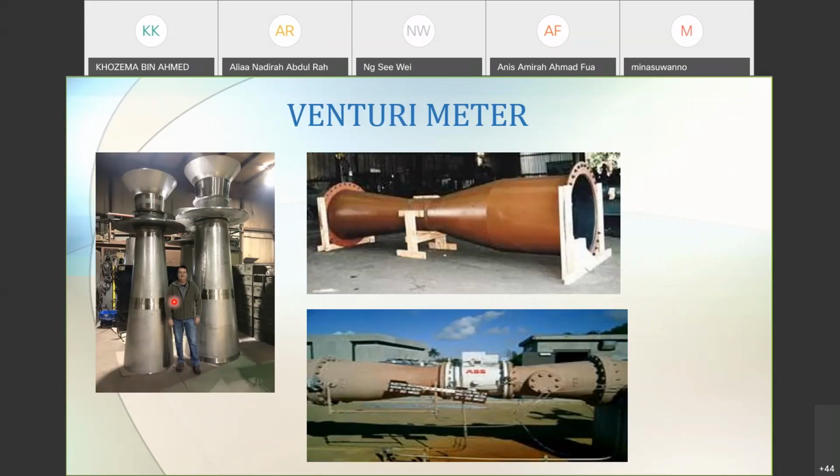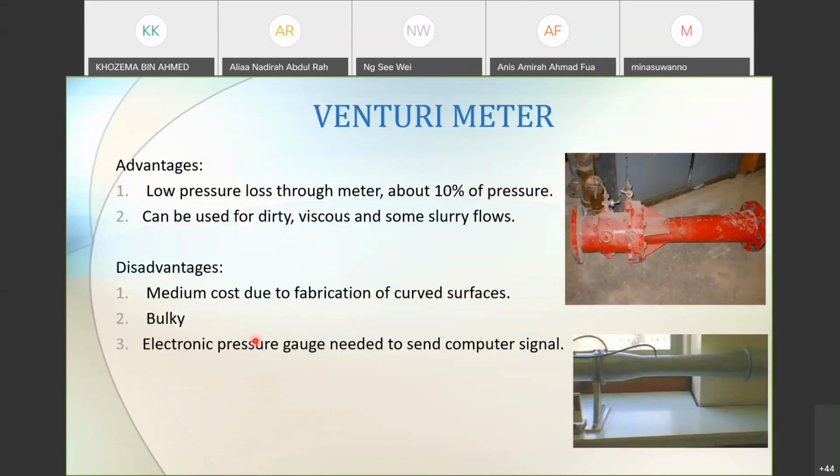These are some examples of venturi meters that are actually used in industry. They can come in various types of material depending on your application, and different sizes. Some of the advantages and disadvantages of using a venturi meter: the first advantage is low pressure loss, about 10% of pressure.